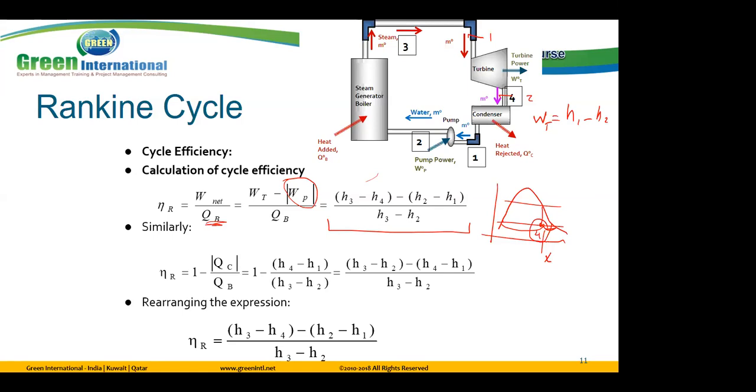So what about the heat rejected by the condenser? Do we consider this for the efficiency? No, we do not consider this during efficiency because we don't pay anything for this. The condenser is like a heat exchanger, same as the condenser for air conditioning.